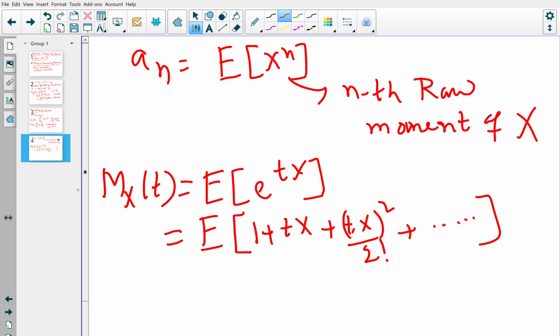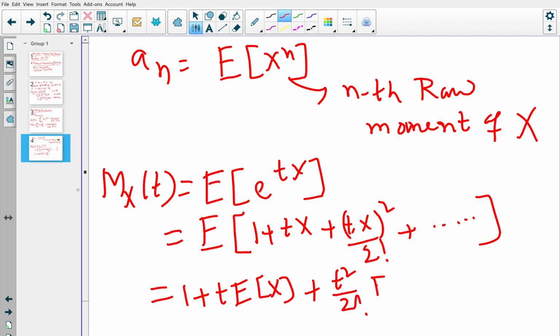Then using the linearity property, this is 1 plus t times expectation of X plus t square by 2 factorial times expectation of X square, and so on. Now you can understand this is one type of exponential generating function.